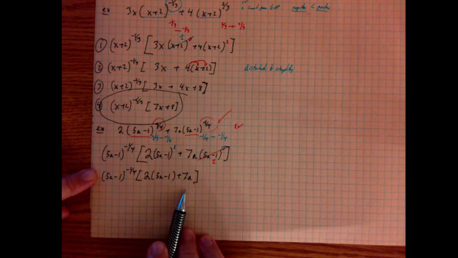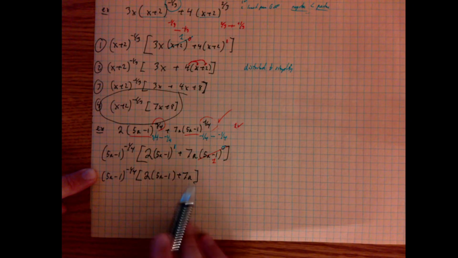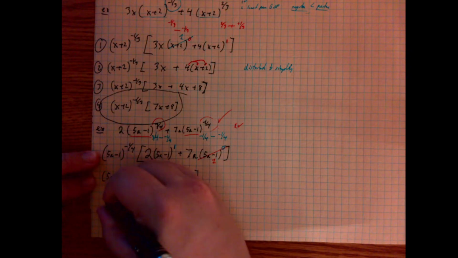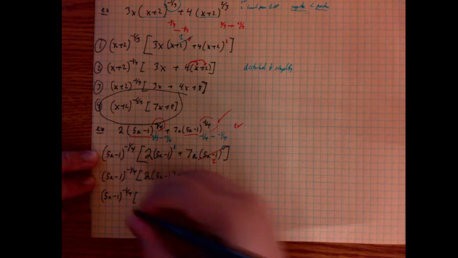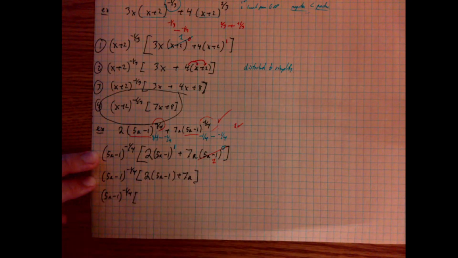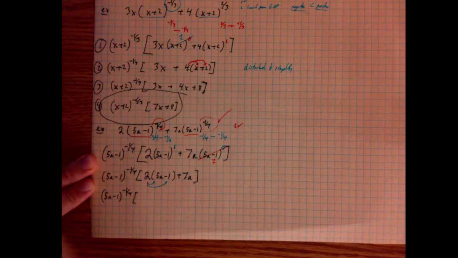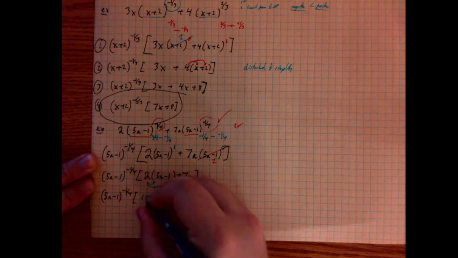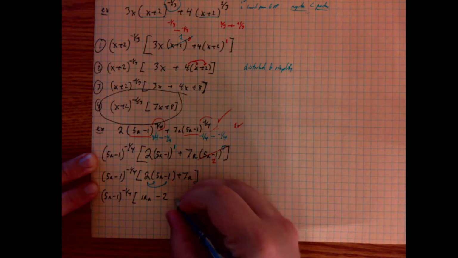Meaning we're now here. Now we distribute the 2, and then combine like terms. So again, the 5a minus 1, that factor term never moves, never changes. 2 times our 5a and times our negative 1 would become 10a minus 2 plus 7a.